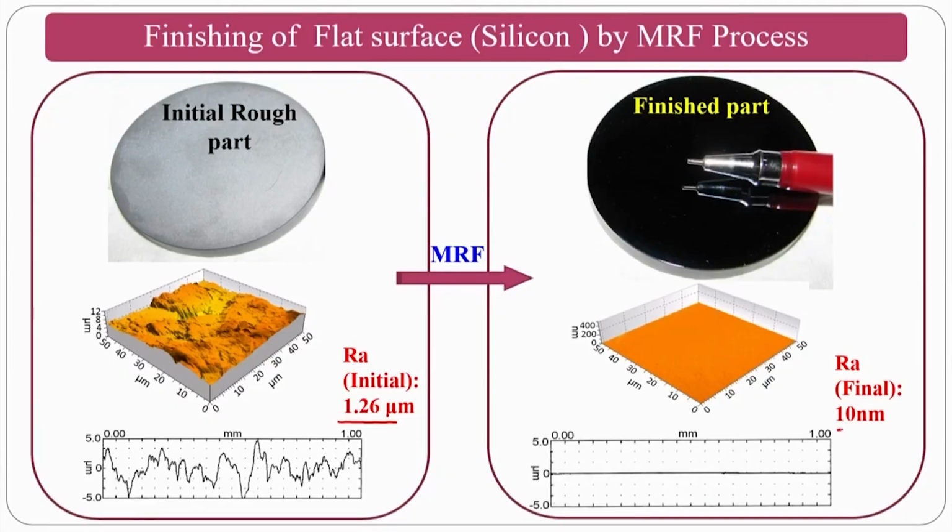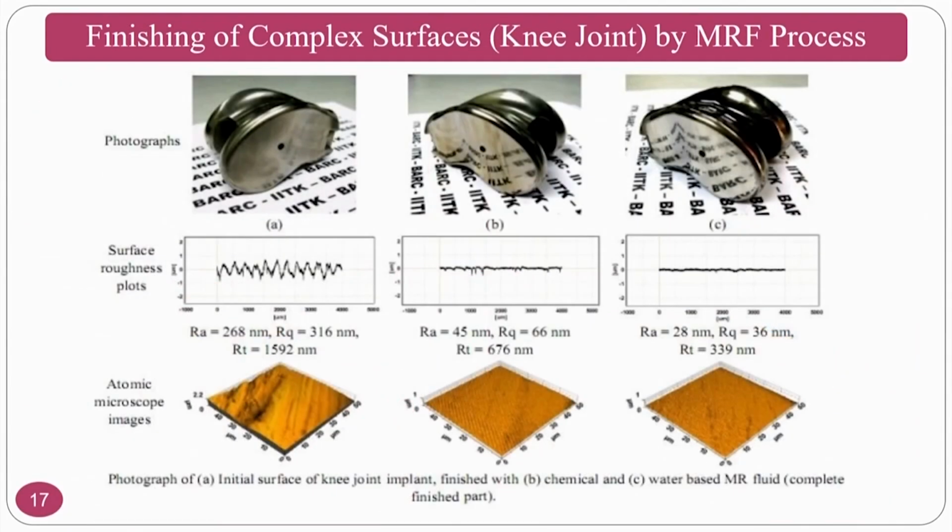At the same time, you can see 10 nanometers, and clearly you can see the transformation in the two-dimensional surface profile, where the rough peaks are gradually converted into a very smooth surface. These types of surfaces are required for synchrotron mirror applications and various other industrial applications.